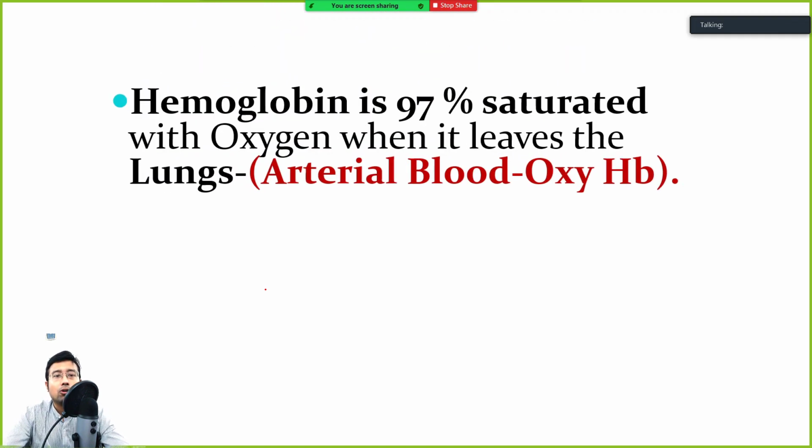Fine. So you see, when the blood leaves the lung, hemoglobin is 97% saturated with oxygen. What is the rest 3%? Naturally, it can be other gases, it can be carbon dioxide, anything, but 97% is generally oxyhemoglobin.